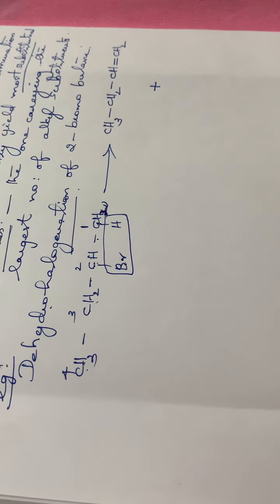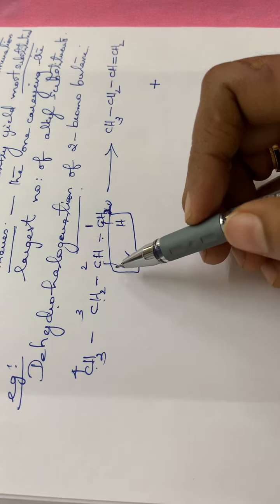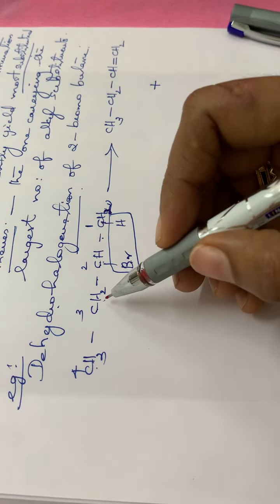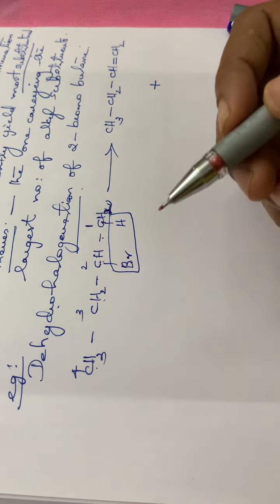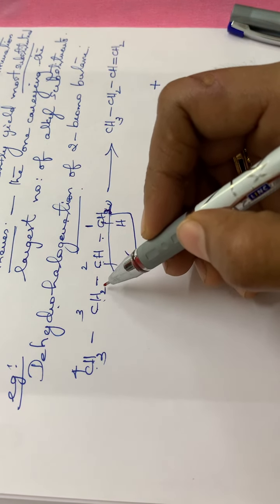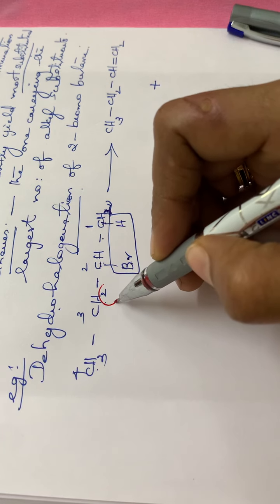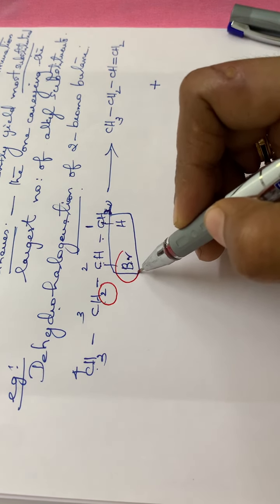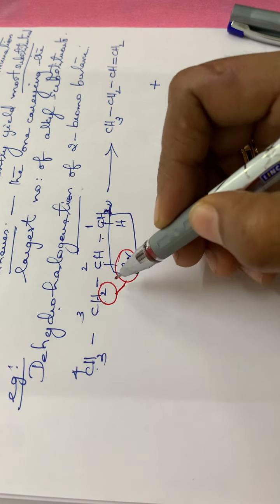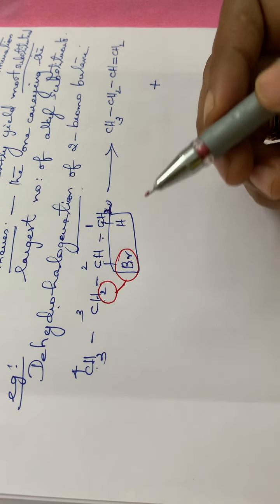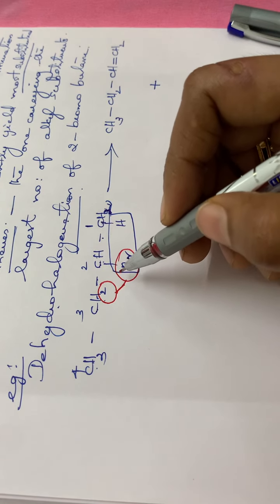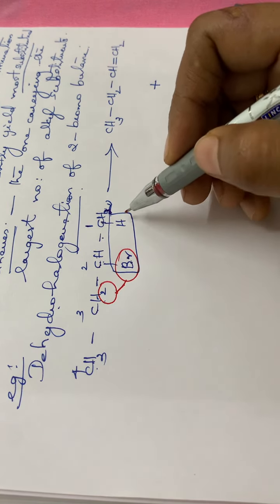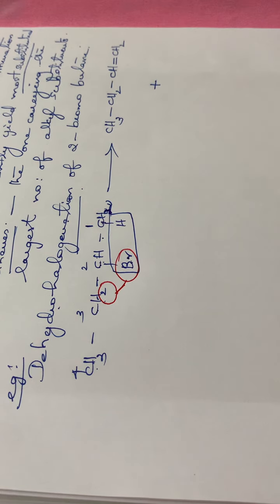Plus one more product. The second chance is that elimination can take place from the third carbon atom, which I am writing in red ink. Hydrogen is eliminated from the third carbon atom and bromine from the second carbon atom, so HBr is eliminated. What will be the product?